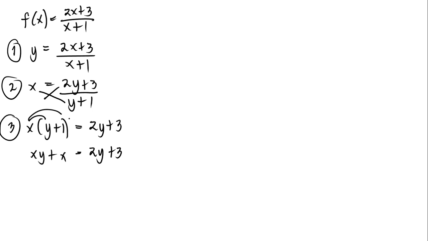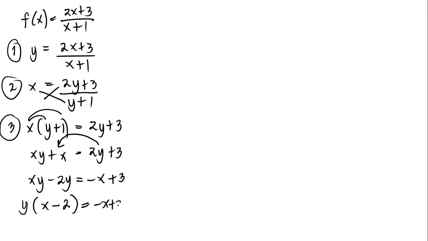So since you are solving for y in terms of x, dapat magkasama sa iisang side yung y. So xy, lipat mo ngayon si 2y. So since positive, magiging negative is equal to, lipat si positive x, magiging negative x, and then copy si plus 3. And then, sa left side, nakita mo na may dalawang y, so you can factor it out. Labas si y, matira sa loob ay si x minus 2 is equal to negative x plus 3.